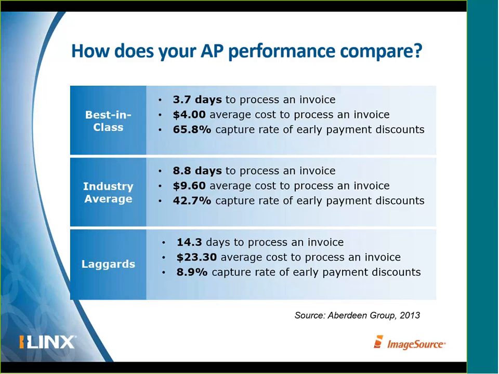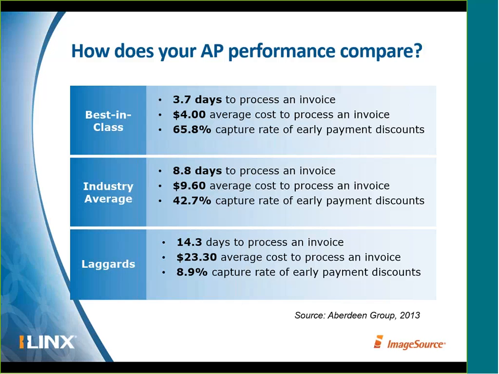It can deliver up to 75% faster invoice processing times and nearly 8 times as many early pay discounts. Now, the most efficient companies can achieve a cost of process in the order of $3 to $4 per invoice.